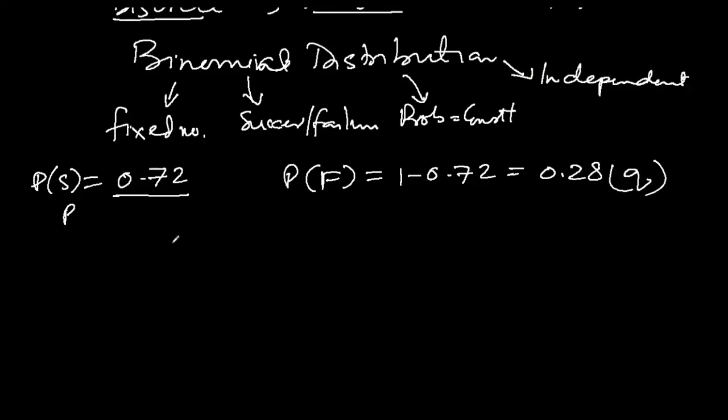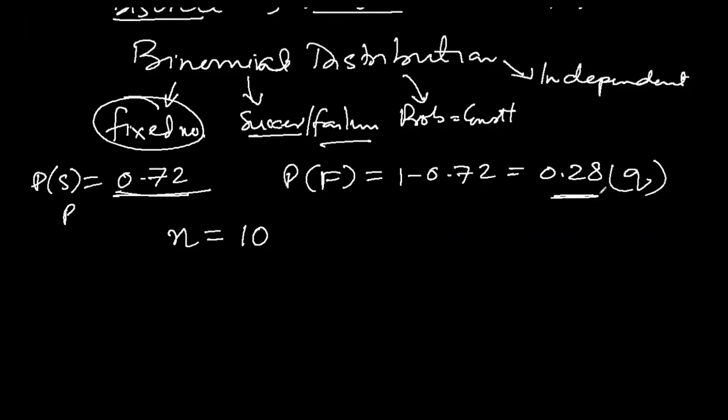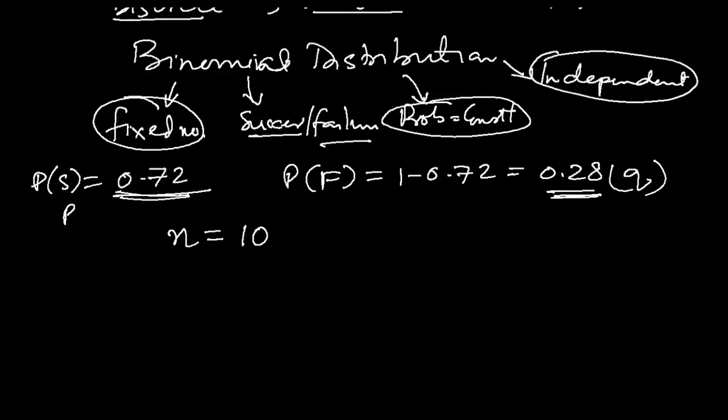So let's talk about a situation when I try to hit bowling pins 10 times. So a fixed number of trials is there. My success and failure rates are 0.72 and 0.28, and the probability remains constant every time. Every time I try to hit the pins is independent of the previous attempt. So all 4 conditions are met.